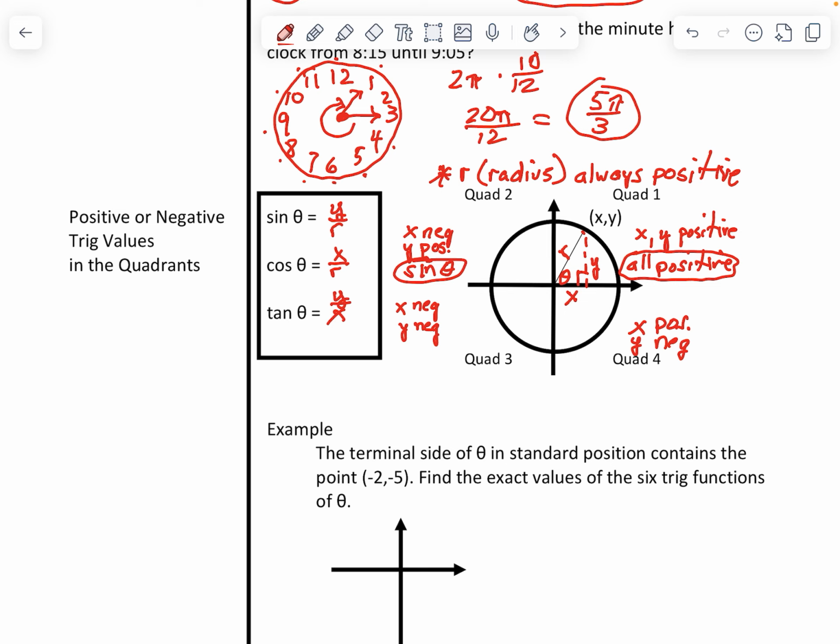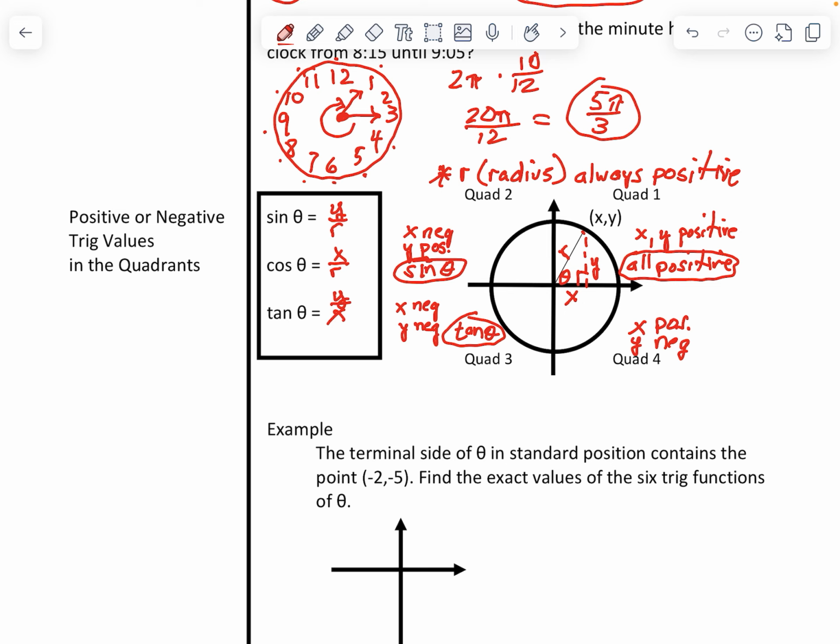Now if we look at the third quadrant, again, we've got x and y both negative. So sine will be negative, cosine will be negative, but then tangent will be positive because you have a negative over a negative. So tangent will be positive in the third quadrant. So the ones I'm circling are the positive values, the other ones are negative.